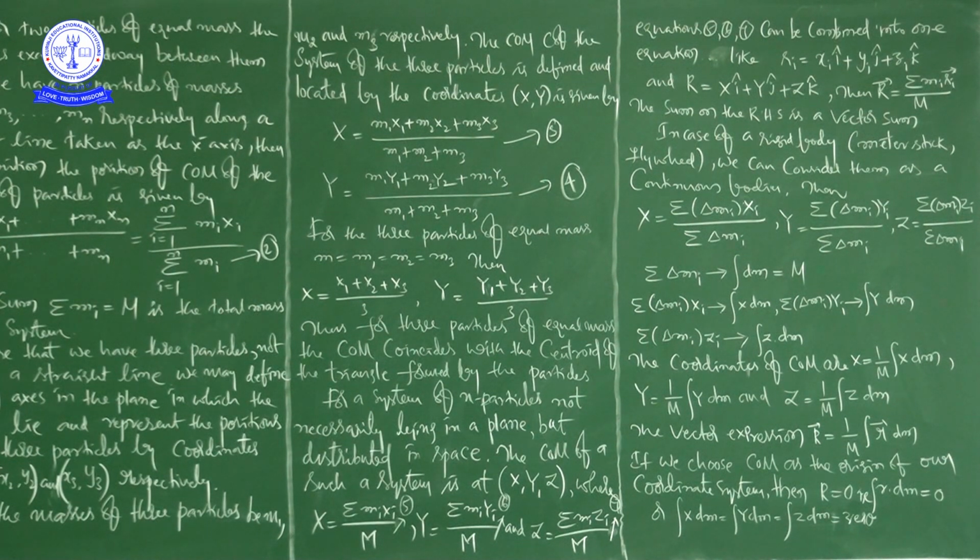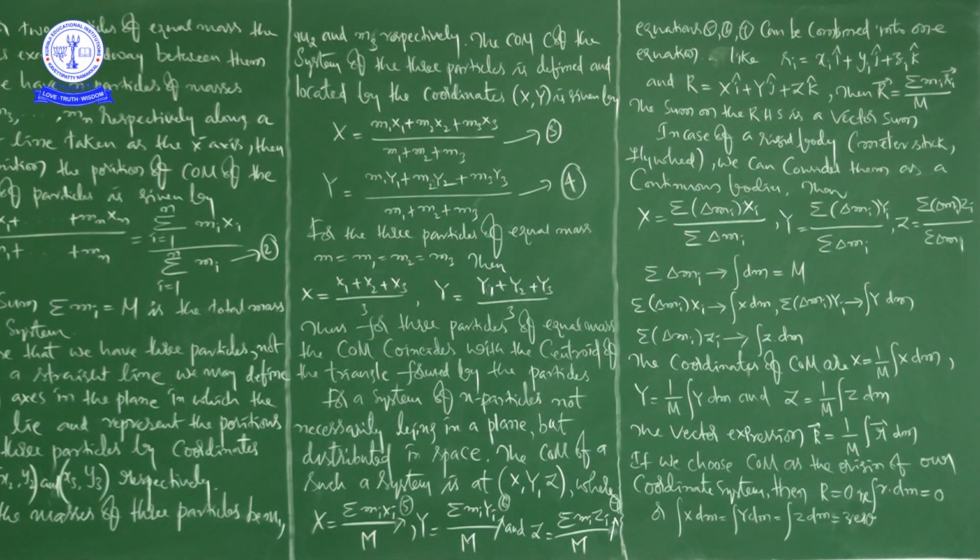So it is symmetry, the point of reflection symmetry. Whatever integrals we are seeing, when the center of mass is at the origin, the integrals of x dm, y dm and z dm are equal to 0. I already told you this at the start of this class.